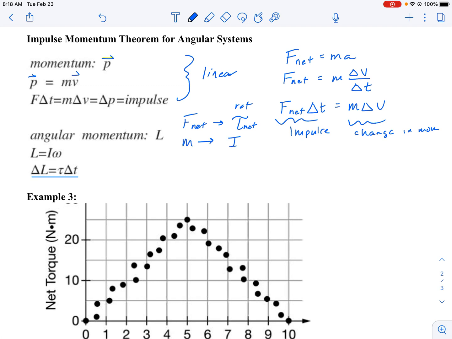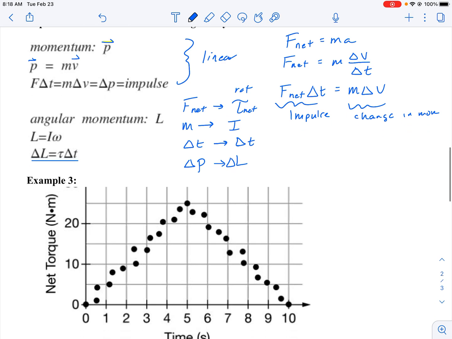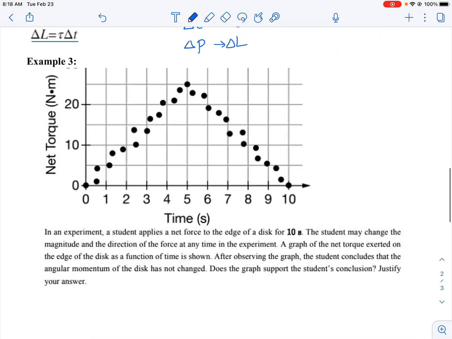Mass is analogous to moment of inertia. Time stays the same across different scenarios, so that's nice. And linear momentum is analogous to angular momentum.